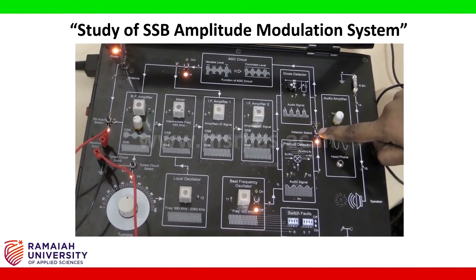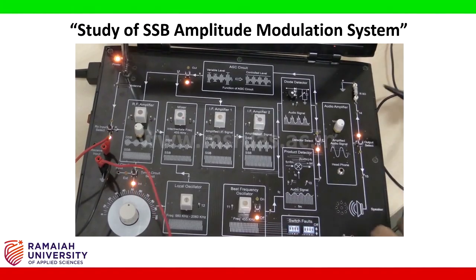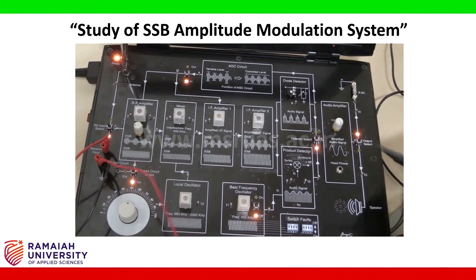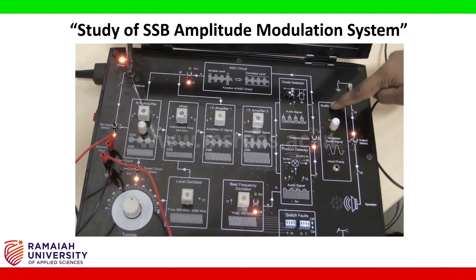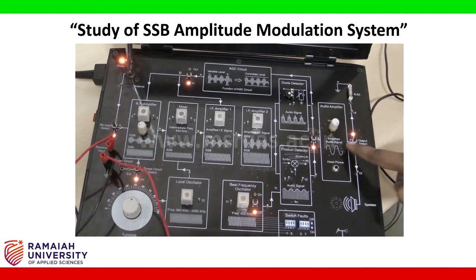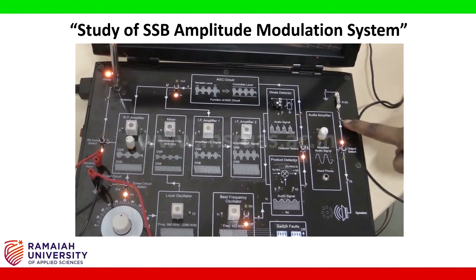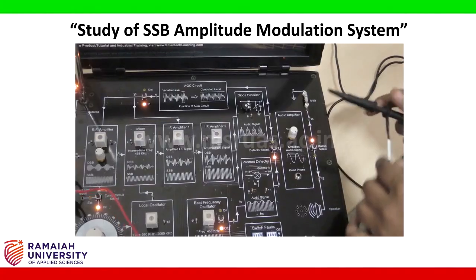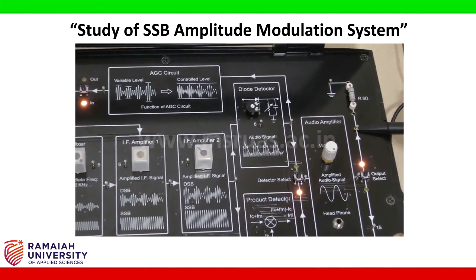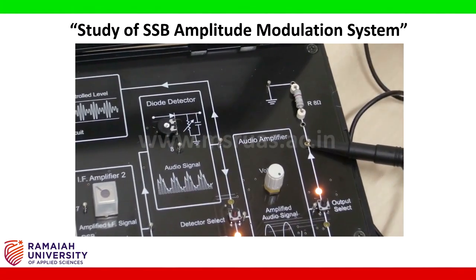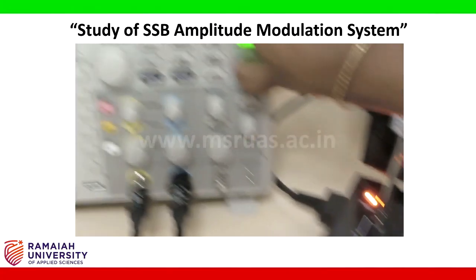So first select this such that the product detector is selected. Now connect the CRO probe to the output. After the output of the detector, it goes to the audio amplifier. The amplifier output is available here, and this is selected to the load, so it can be verified here. So put the output here and press auto set on the CRO.